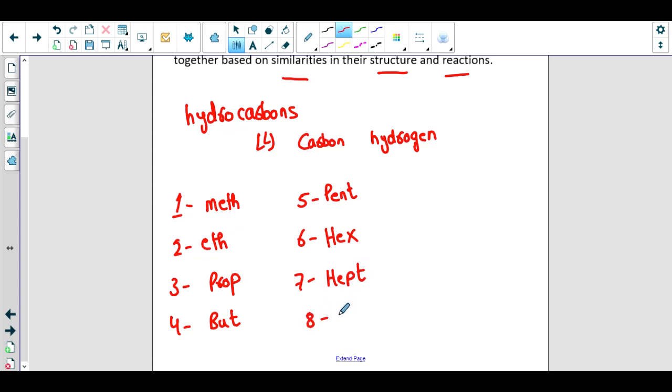When it is 8, it's called oct. When it is 9, it's called non. And when it is 10, it is called dec. At least we should know the first 10, like 1 carbon is meth, 6 is hex, 9 is non. When you know this, then naming them or identifying the compounds becomes very easy. It becomes easy to understand.